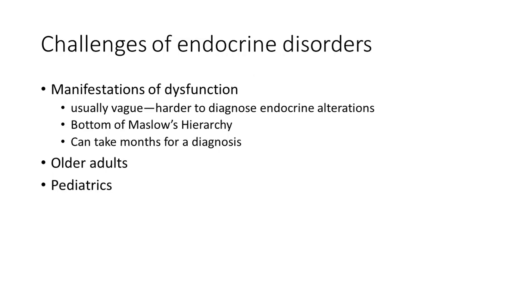It says on here bottom of Maslow's hierarchy. I'm not really sure what that means, so please just scratch that out. With older adults, some of the aging processes actually mimic endocrine disorders, or endocrine disorders mimic aging processes. So you really have to weigh what's aging and what's an endocrine disorder.